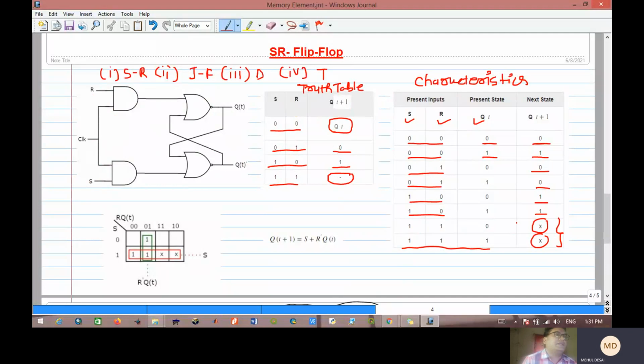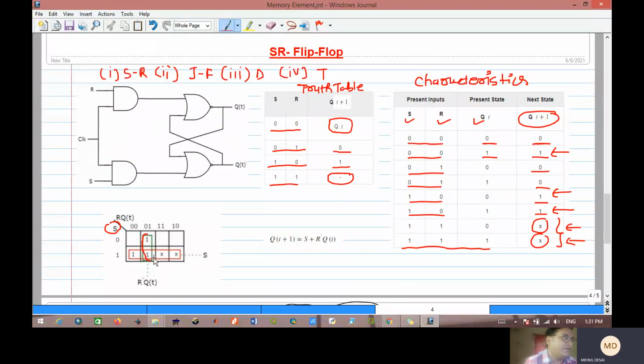Now based on this characteristic table, if we want to develop the characteristic equation of the next state, we consider these values and map them in a K map. Here the variables are S, R and Q. So 0 1 0 0 0 1 1 0.